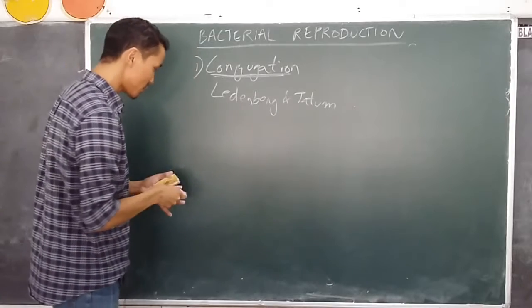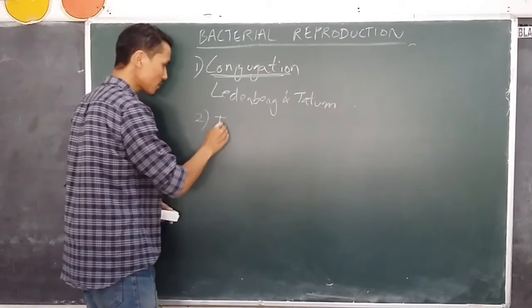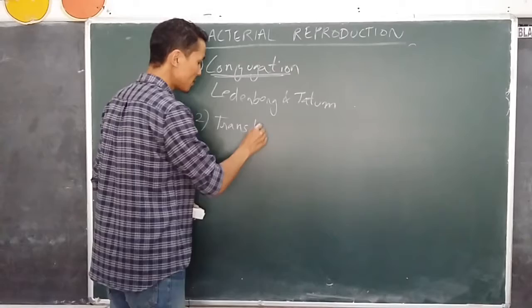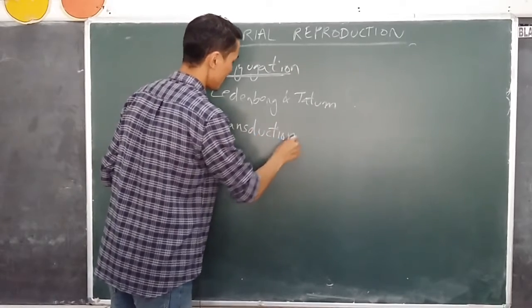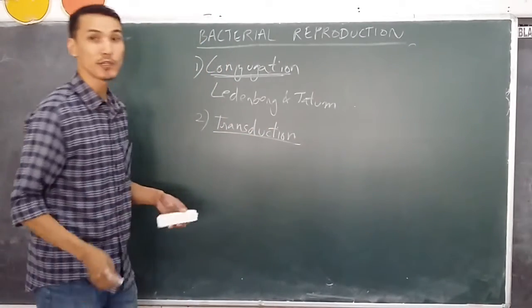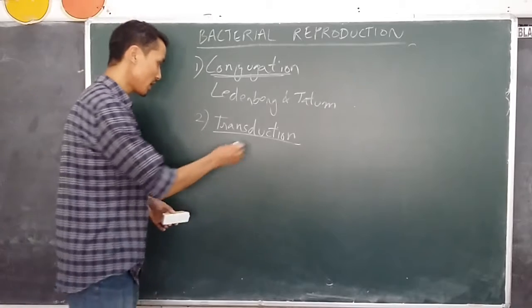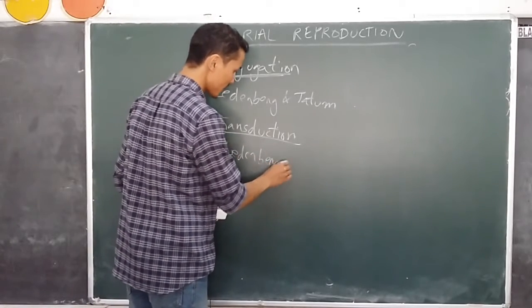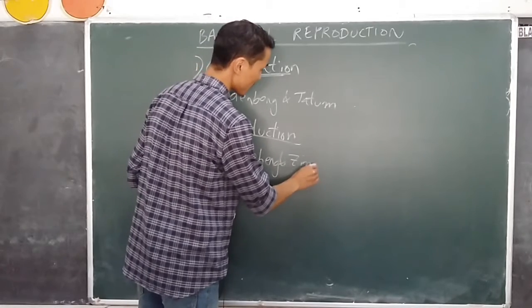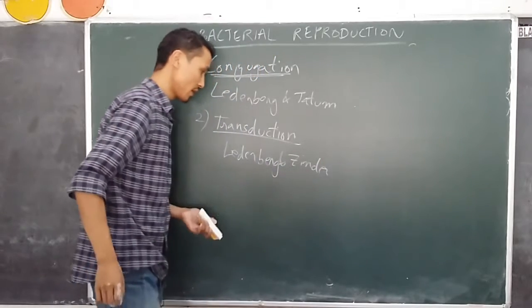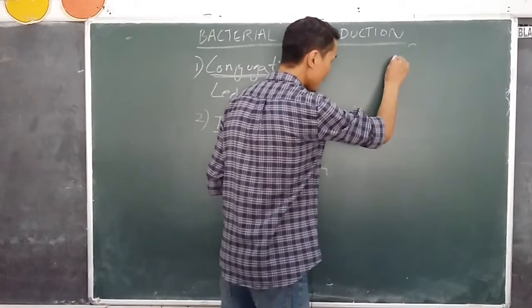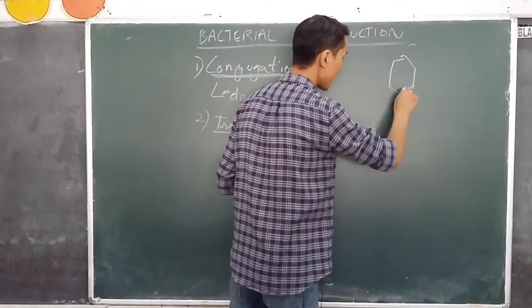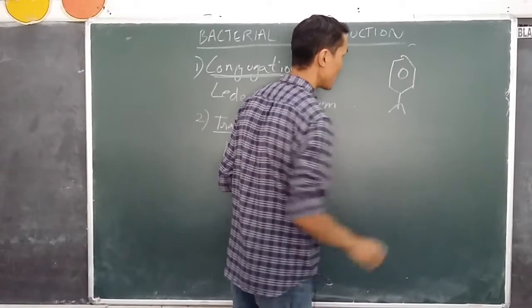Other method of reproduction is by transduction. In transduction, a bacteriophage is involved. Again, this was discovered by Lederberg and Zinder. A bacteriophage is a virus that infects bacterial cells only.